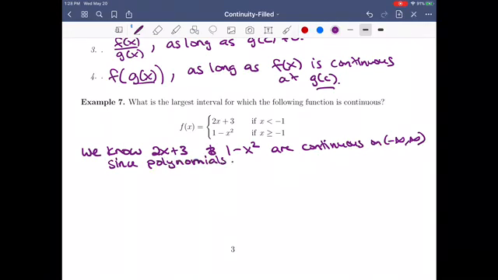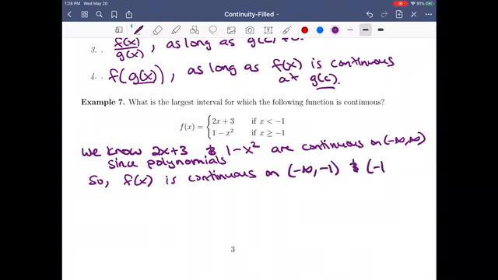So that means f of x, our function, is continuous on the intervals they're defined: on the interval -infinity to -1, and the interval from -1 to infinity. But neither of them includes -1, because a weird thing happens there, and I need to check that point specifically.